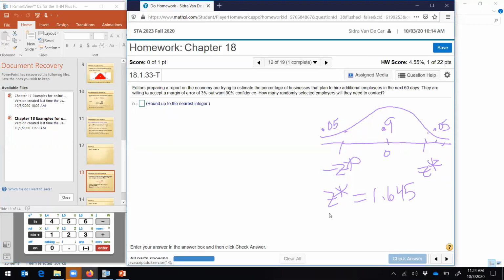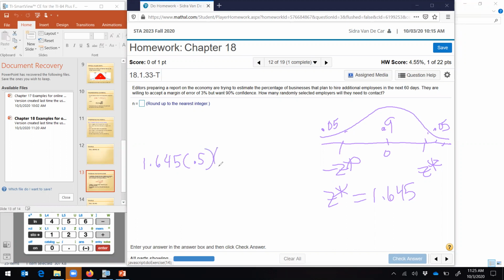All right, so we're going to have 1.645 times P hat. I don't have a P hat. So since I don't have a P hat, I'm going to use 0.5, 50% as the point estimate.